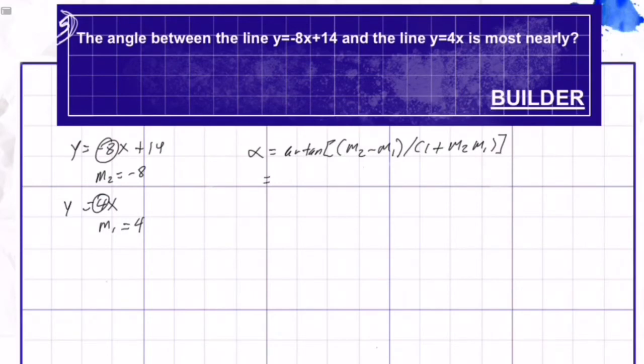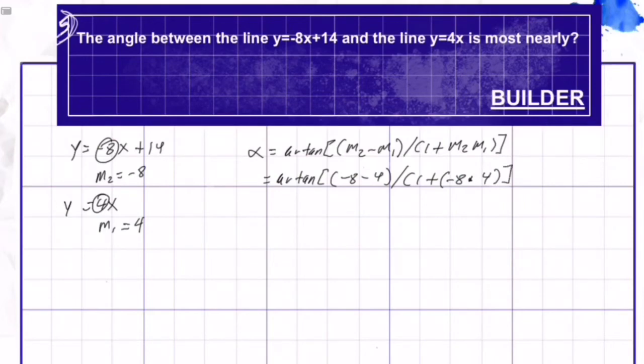If we substitute into the equation, arctangent, m2 in this case is negative 8, minus 4, divided by 1 plus negative 8 multiplied by 4.